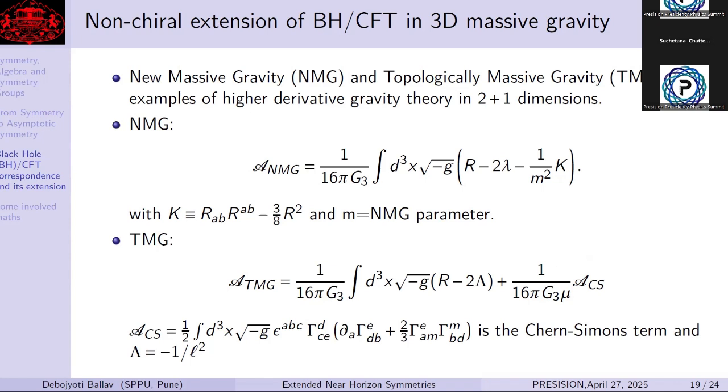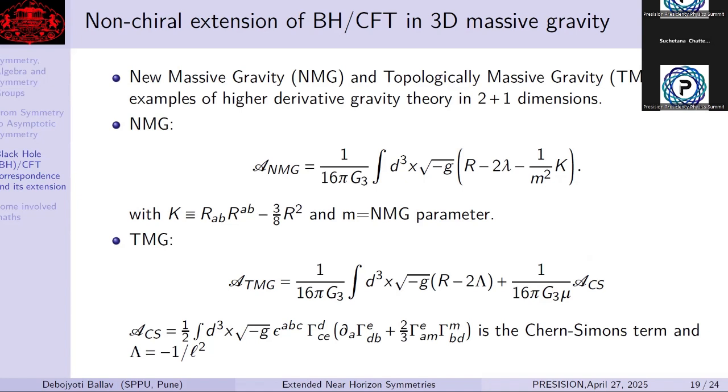It's like in the Lovelock model, we have different terms and we can constrain those terms. So there are R_ab terms, R_abcd kinds of terms, those kinds of scalars we can introduce. So new massive gravity is an extension of Einstein gravity, beyond Einstein gravity, which has some higher curvature terms, but they are suppressed by the 1 by m squared factor, a mass factor. So they are only relevant at very high energies.